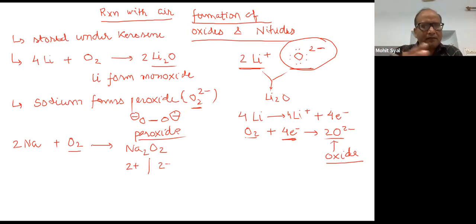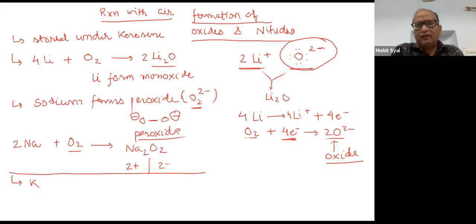Peroxide is 2 oxygen atoms with each one having -1 charge, so in total it is written as O2 2-. And the rest of the alkali metals after sodium, that is potassium, rubidium, and cesium, will form superoxide. So what is superoxide?